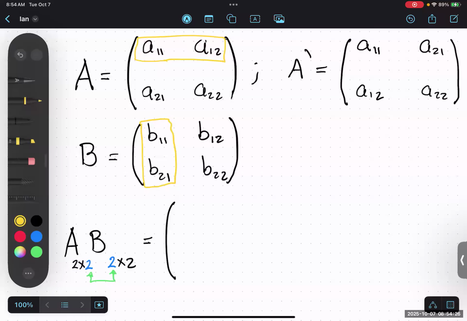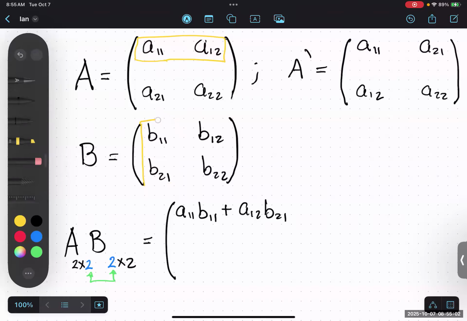Row 1, column 1. So you have to multiply row 1 of your first matrix times the first column in your second matrix. In this case, the multiplication will be A11 times B11 plus your other elements, A12 times B21. And that's it.